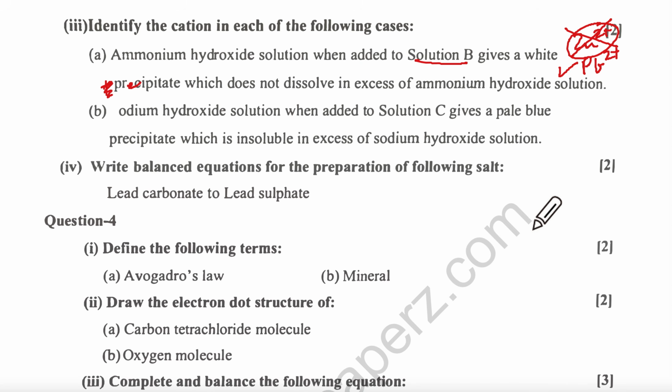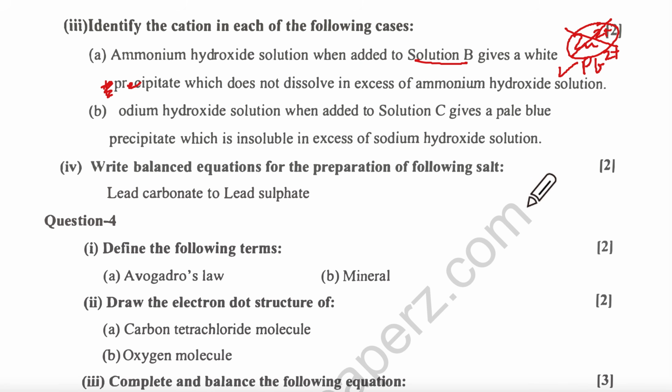So Pb will be insoluble. It could be Mg also. Yeah, but the thing is that Mg is dull white, no? Dull white, or dirty white, they will put specifically. Pb is also okay. Nobody's going to cut your mark for that. Okay, Pb is the cation, no?